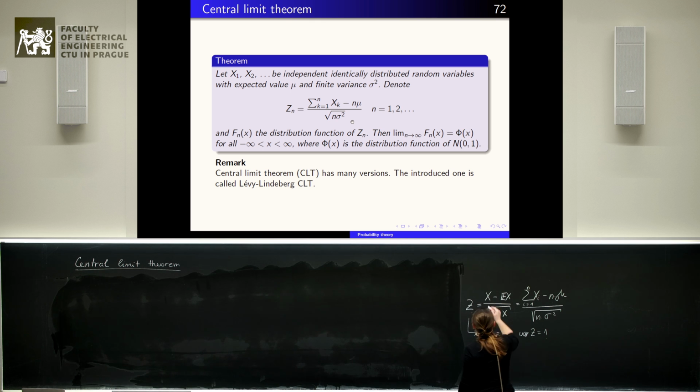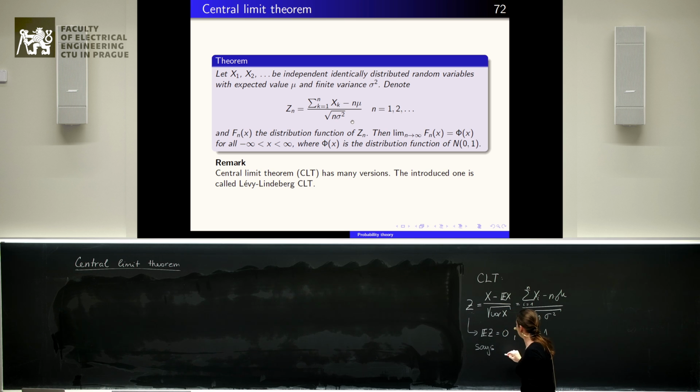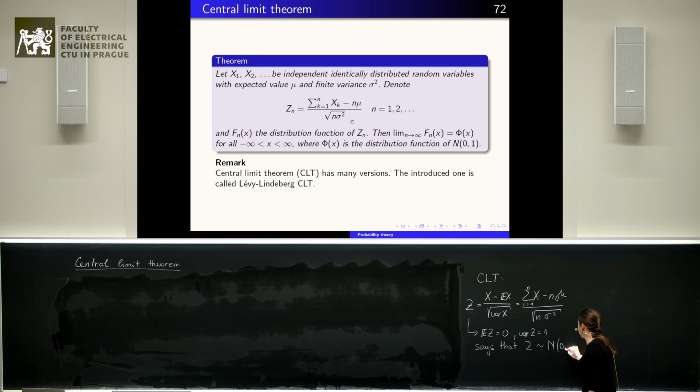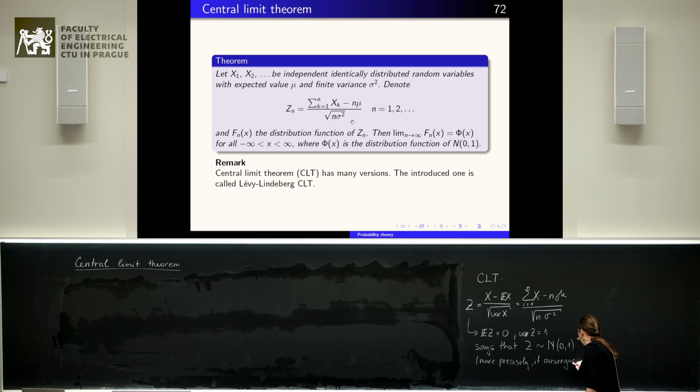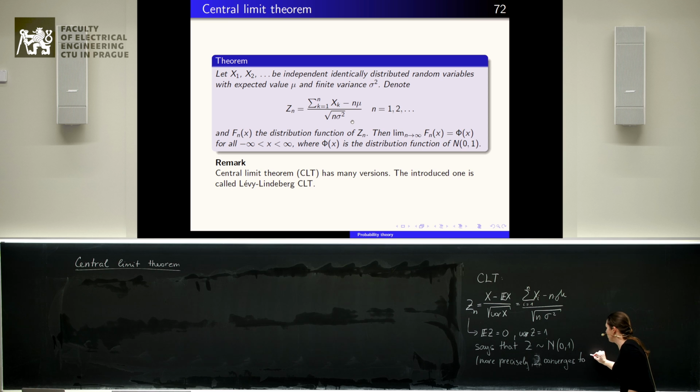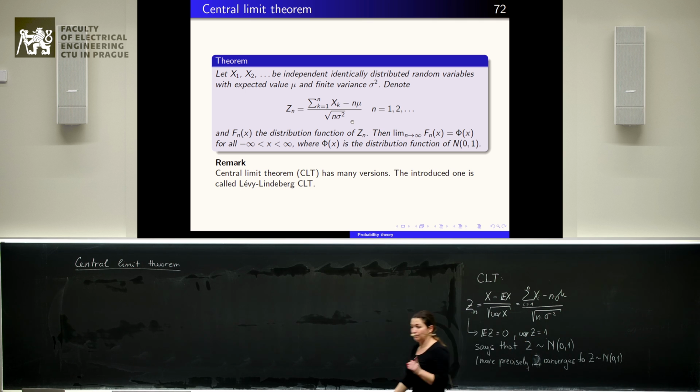So the central limit theorem says that z is standard normal distribution, or more precisely, when we denote it as Zn, then the central limit theorem says that Zn converges to Z with standard normal distribution. So, how can we use it?